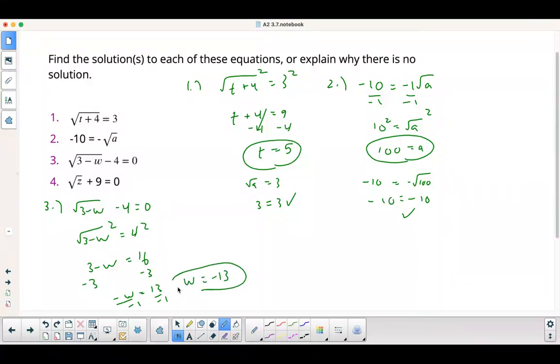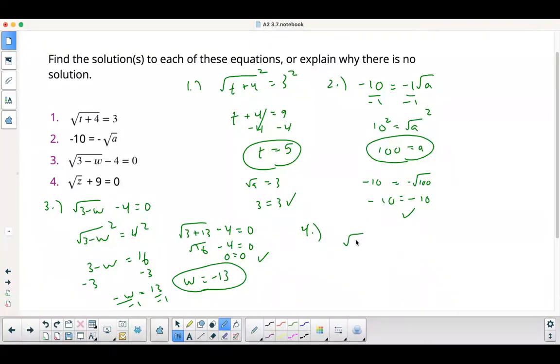And we get -13. Now I want to plug it back in and check it. So I'll come up here. 3 minus -13 ends up becoming a plus 13. This is 16. So this is 4 minus 4 is 0 equals 0. It checks out.